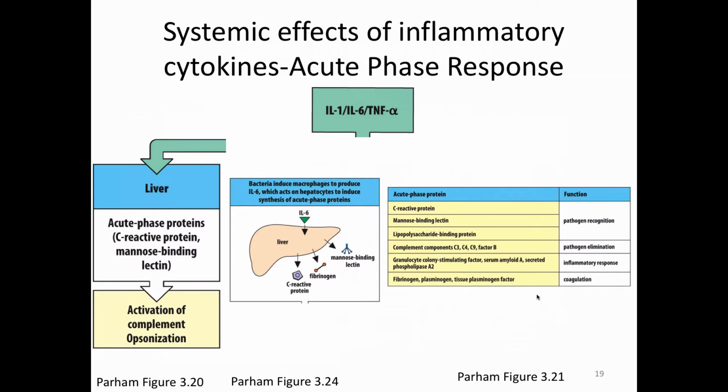So the inflammatory cytokines are going to induce higher levels of complement proteins so that we may be able to further clear our microbe using the complement pathway that we talked about on Friday. C-reactive protein also can have some effects in complement. And in fact, there are a number of different wound healing proteins that can be made here as well. So these inflammatory cytokines can act in the liver and get the liver to make some new proteins that can be useful.